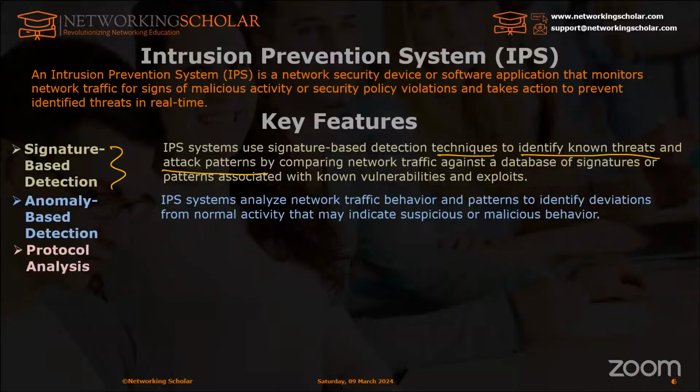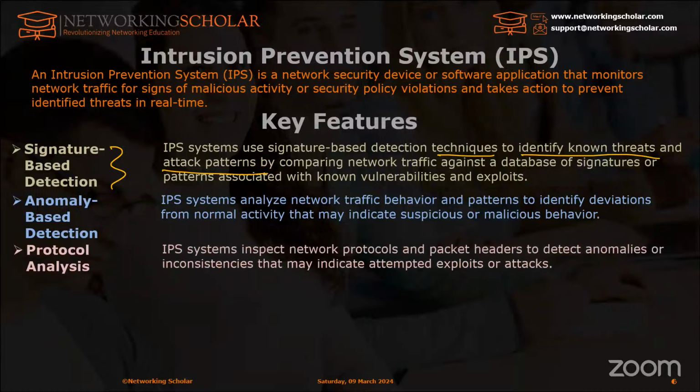Protocol analysis. So what is protocol analysis? Suppose something is a protocol like 80, 443, 22, 21. This is called the protocol number. The IPS system inspects network protocols and packet headers to detect anomalies or inconsistencies that may indicate an attempt to exploit or attack.